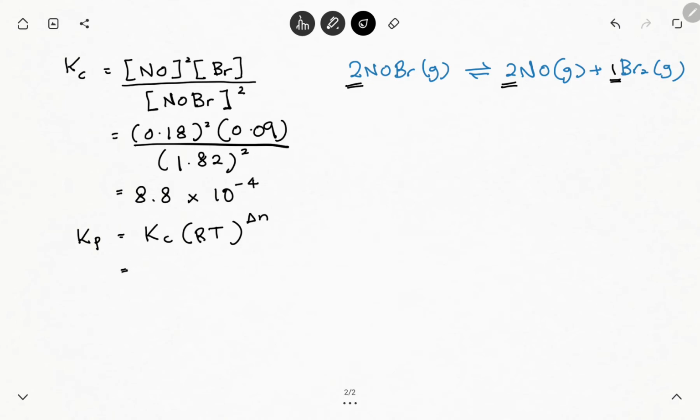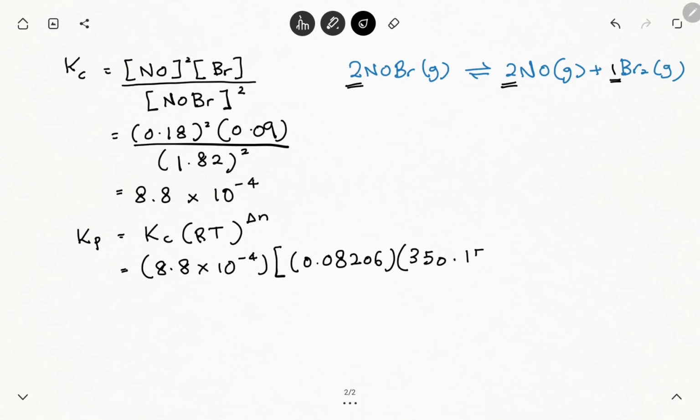Substitute our Kc, 8.8 exponent negative 4. Make sure you use R, the gas constant, 0.08206, which is given in the exam. T, make sure T is in Kelvin. So R times T to the power of delta N, where N is 1. So the value of Kp is 0.025.